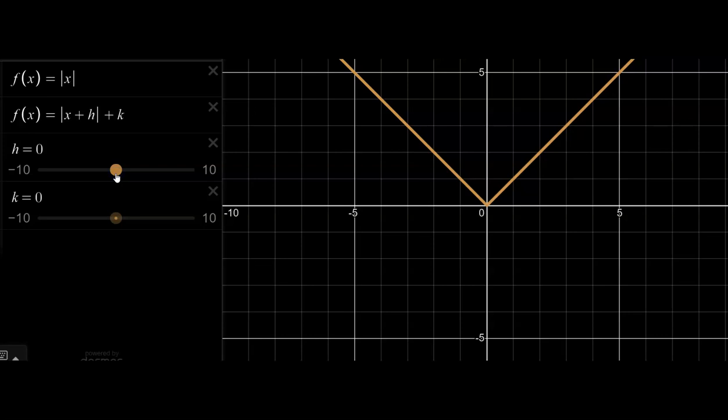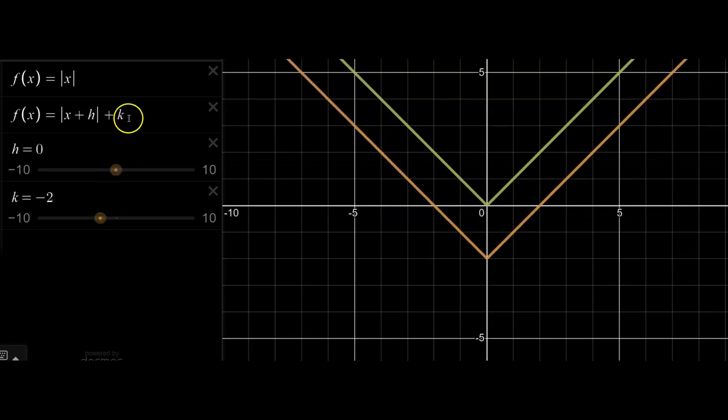That's just the normal absolute value of x. Now we already know that if I have minus 2 at the end, the graph is going to move 2 units down, right?